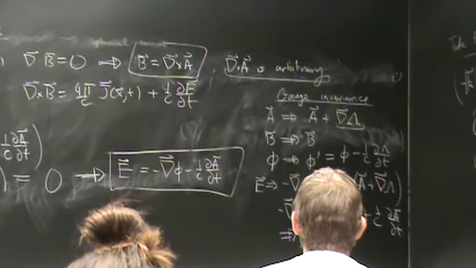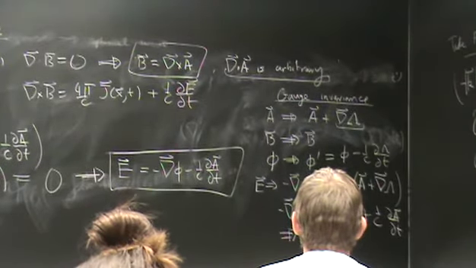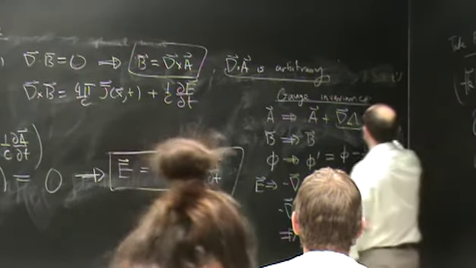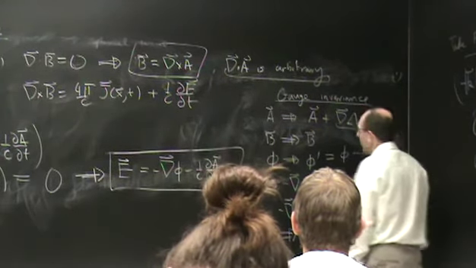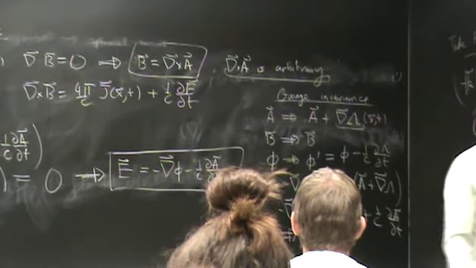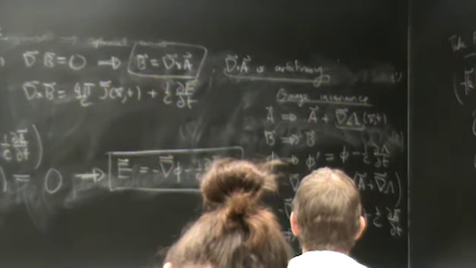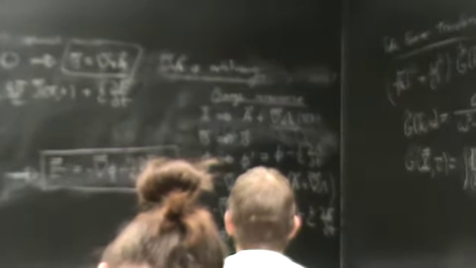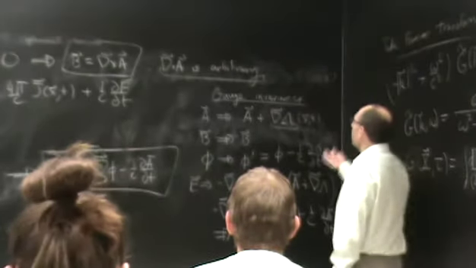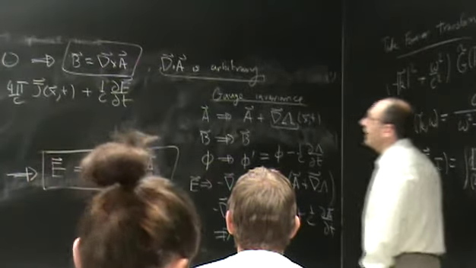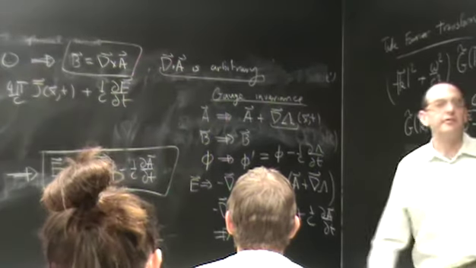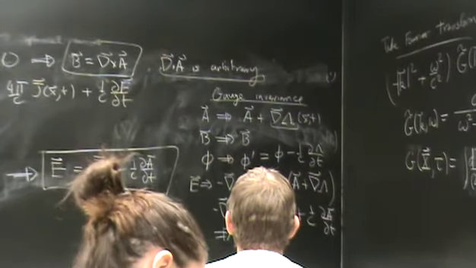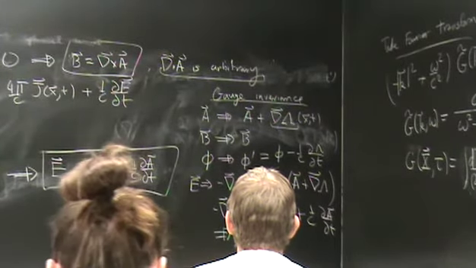So there is a gauge function lambda, which is a function of position and time. And if I shift A and phi, the vector potential and the scalar potential, in this way, then I don't change the physical forces. And I can choose those in the way I like.